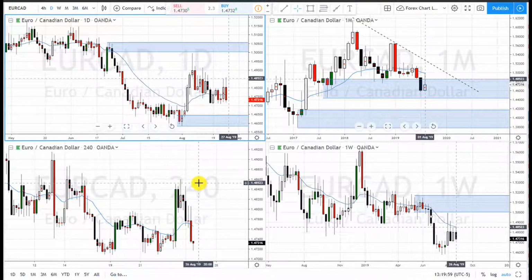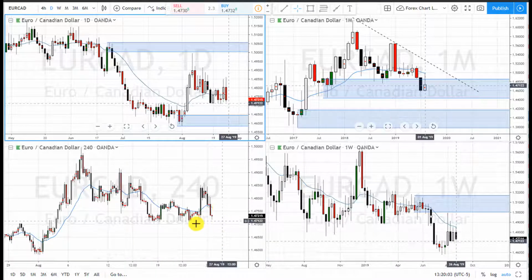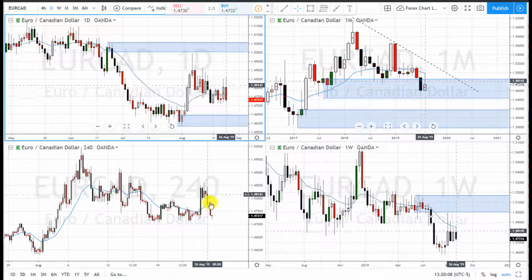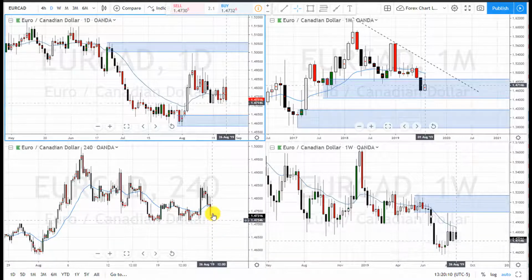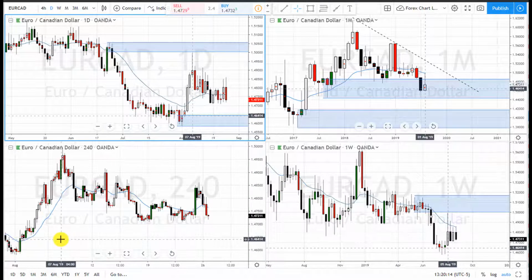and 4-hour is to wait until price gets lower, because this area is not strong, so price is likely to go down lower and lower into this area of demand down here.